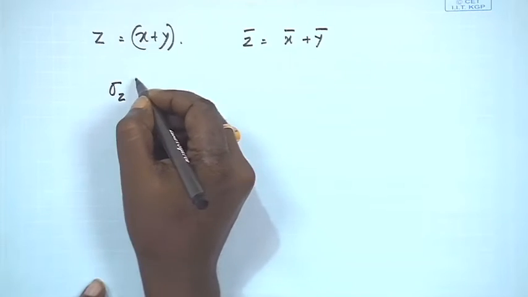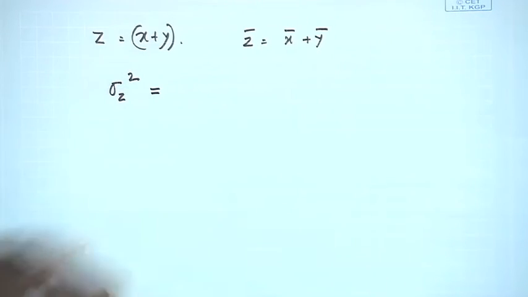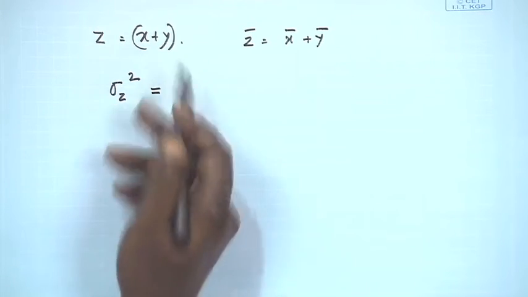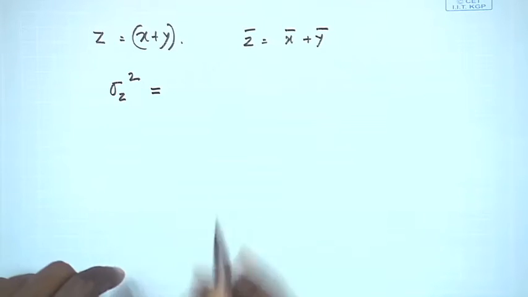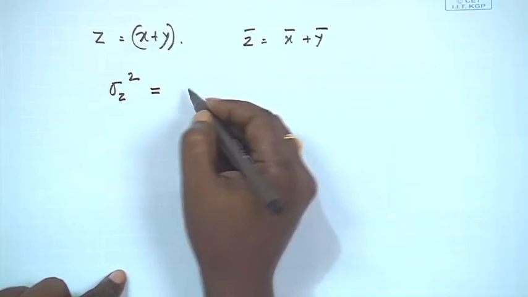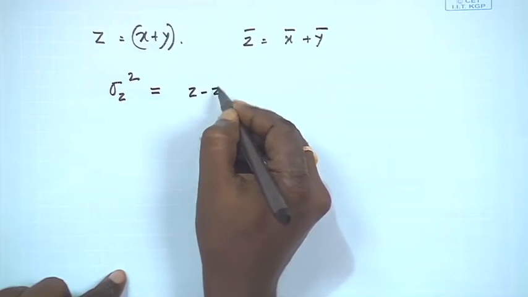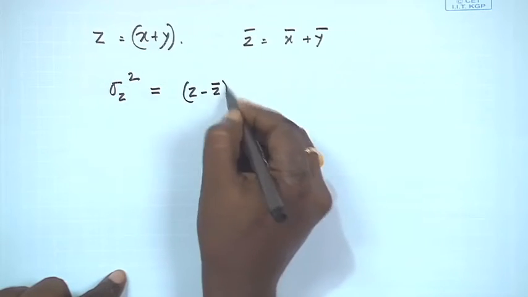So, I would like to calculate this sigma z square, which is the variance of z. Z is a new random variable which is constructed by making x plus y, where x and y are two independent random variables. Okay. So, sigma z square is nothing but, as we have already characterized, the average of (z minus z bar) whole square.